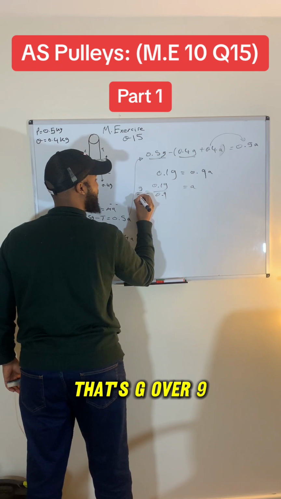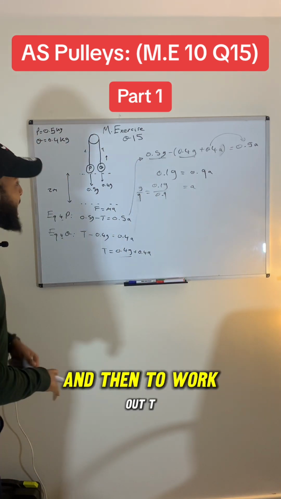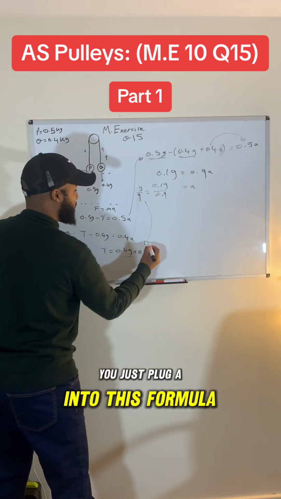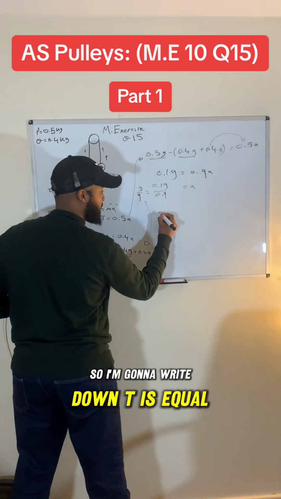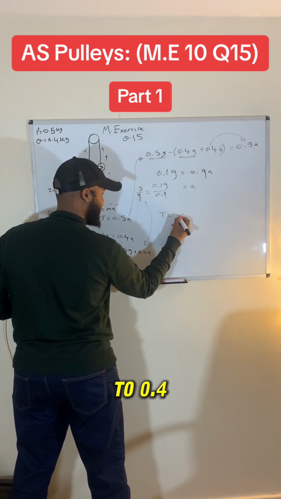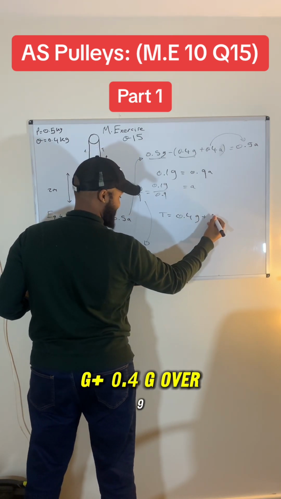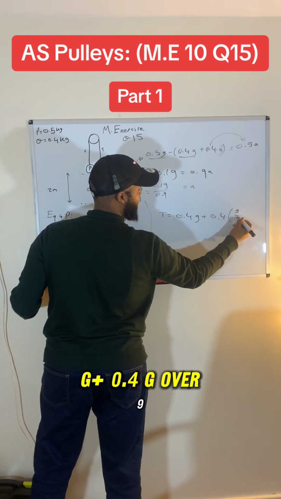G over 9. That's A done. And then to work out T, you just plug A into this formula. Okay, so I'm going to write down T is equal to 0.4 G plus 0.4 G over 9.